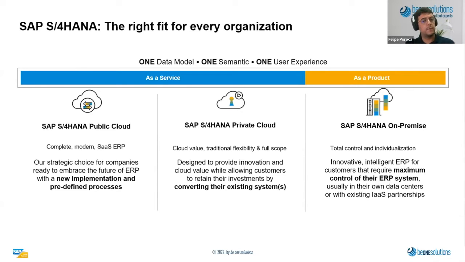If you go to the right, where we see the on-premise version, this is most known as a product. You have to pay a one-time license. But at the end, the idea of SAP, regardless of these 3 versions, is to provide you one unique user experience. So we have one data model, one semantic, and one unique user experience. I think that's the main message here, right?